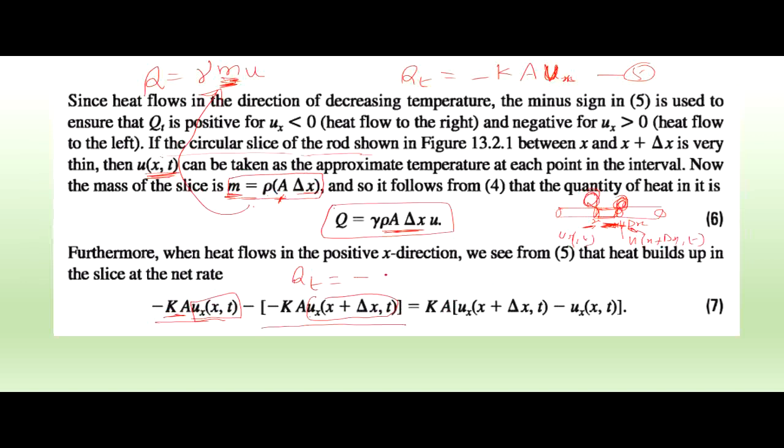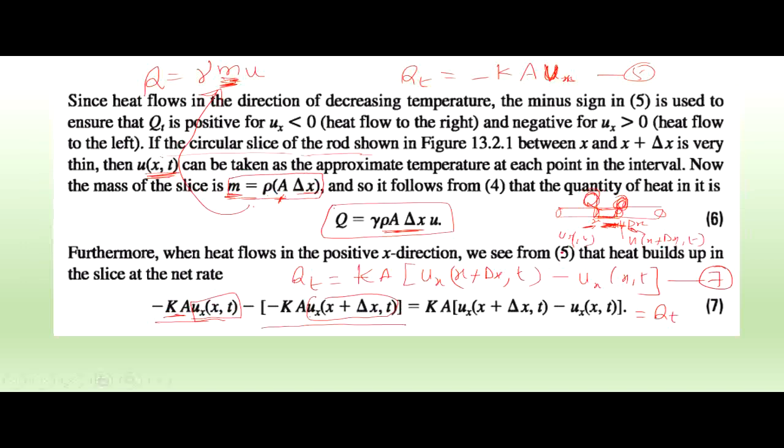What do you get? Qt is k times A times Ux of x plus del x comma t minus Ux of x comma t. This is equation number 7, the Qt for this entire thin slice.